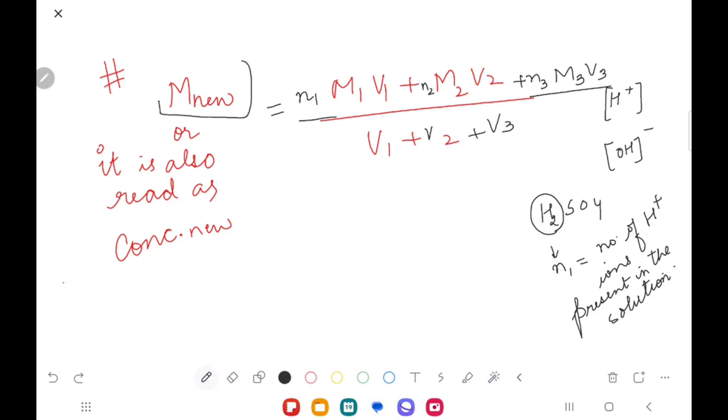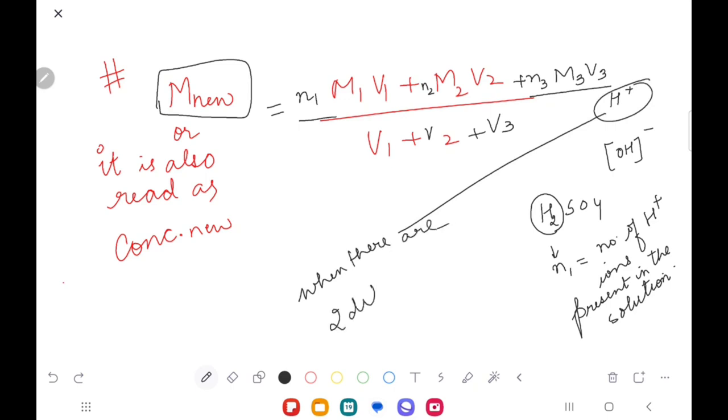It says that the new concentration you have to find out. Now sometimes we do not really need the concentration. When do we have to calculate the concentration of H plus? When there are two different acids.